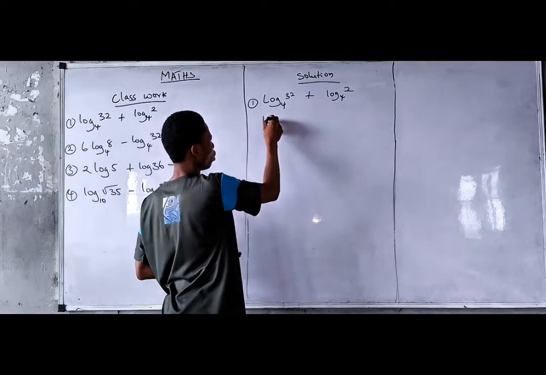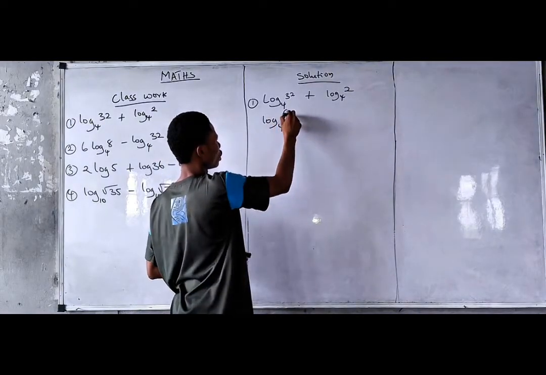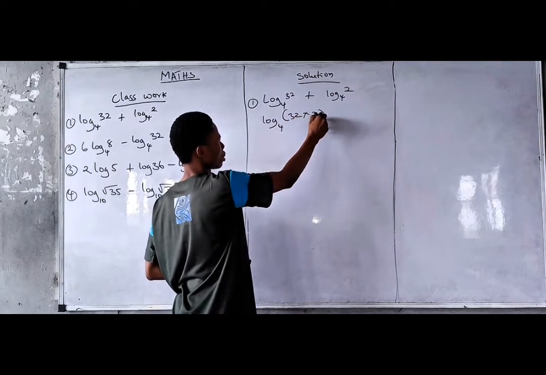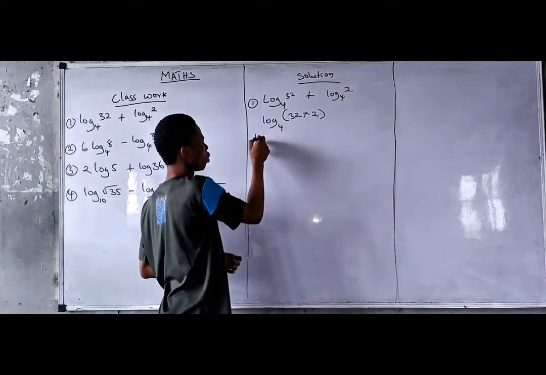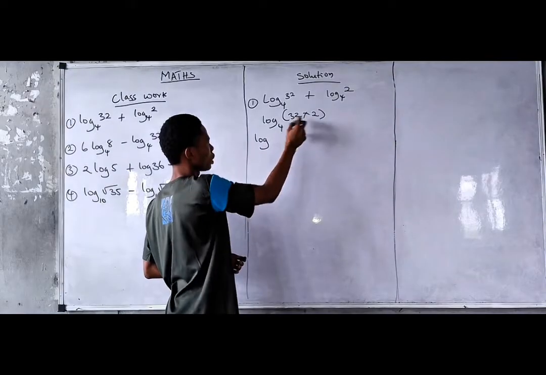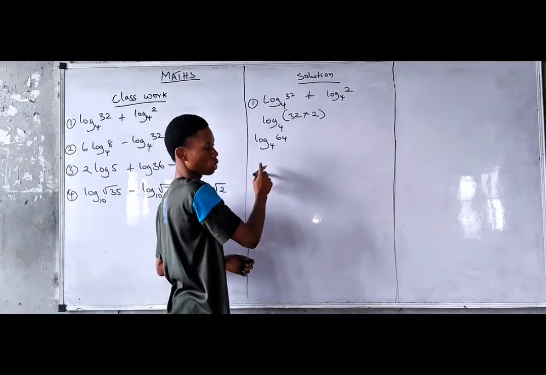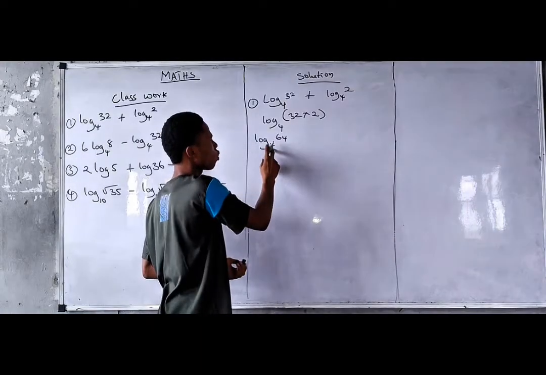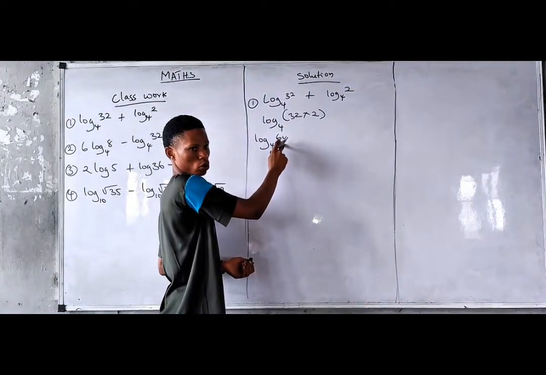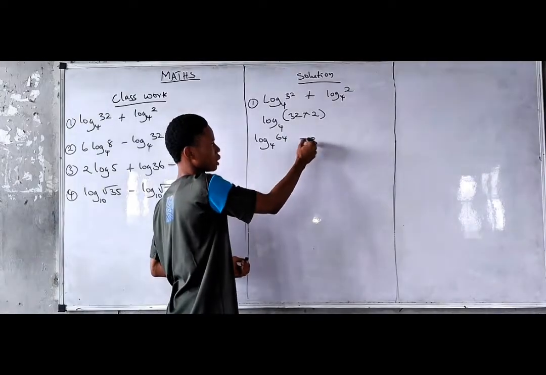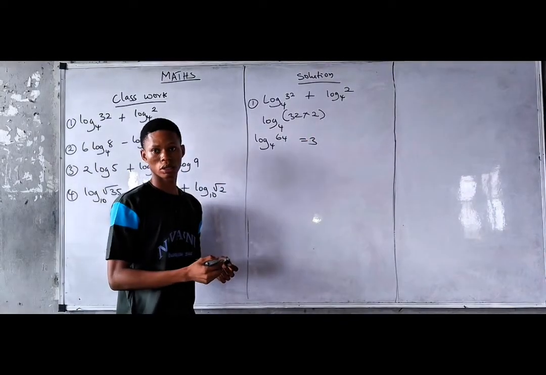So you have log 4, 32 times 2, right? Is it not? So we are having log 32 times 2 is what? 64 in base what? 4, right? And in this case, 4 raised to power what will give us 64? 3, right? So the answer is 3. Is it not?